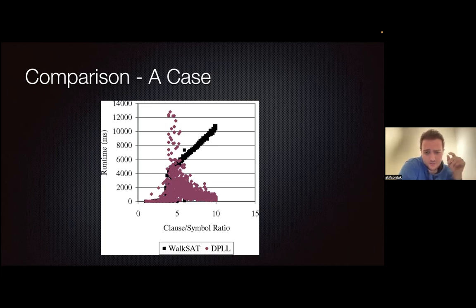But WalkSat is more or less insensitive to the clause to symbol ratio. If you have fewer symbols and more clauses, WalkSat is very good, because if you flip a Boolean variable in a clause, it will likely not impact many other clauses, because each clause contains only a handful of literals.